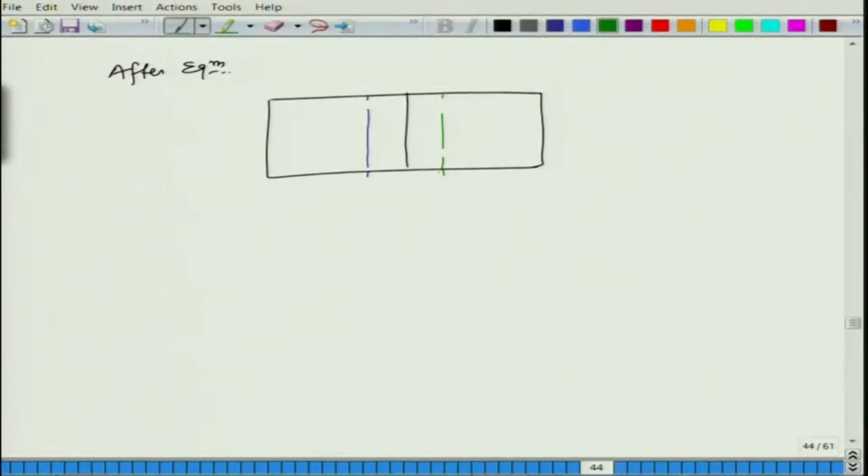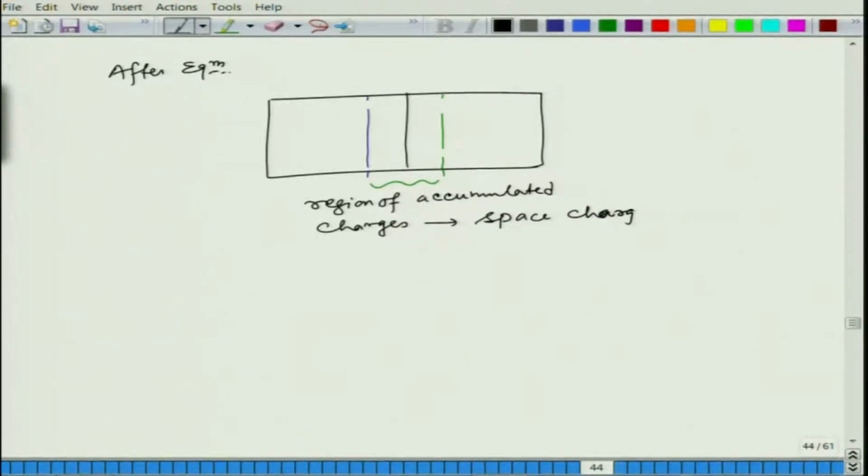A domain with positive and negative charges coming together, and so this region is a region of accumulated charges, and we call it the space charge region, where it is not locally electroneutral.